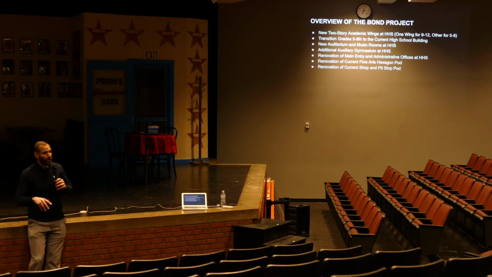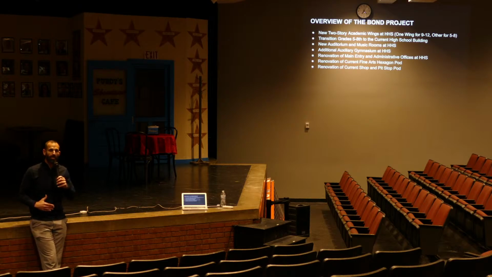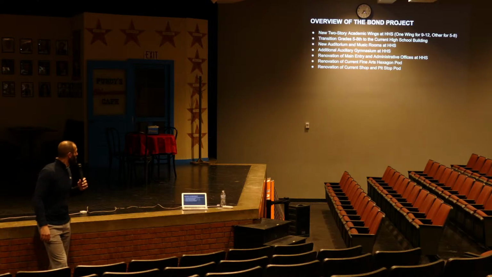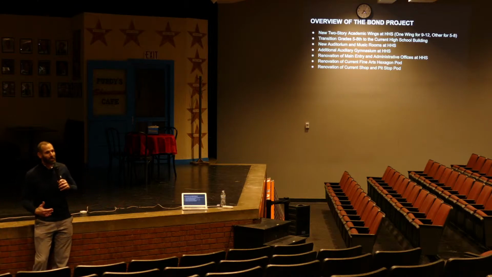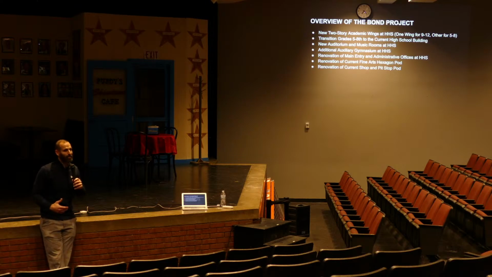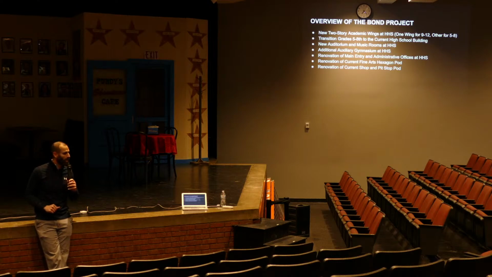Between those 2 areas would be a media center or a library area that would serve both 5-8 and 9-12, but would create a separation point for those 2 wings to allow us to continue to operate a middle school and a high school. Obviously, that would mean transitioning our 5th through 8th graders to this building, which would be a substantial change from how we've done school for a very long time here at Hesston.